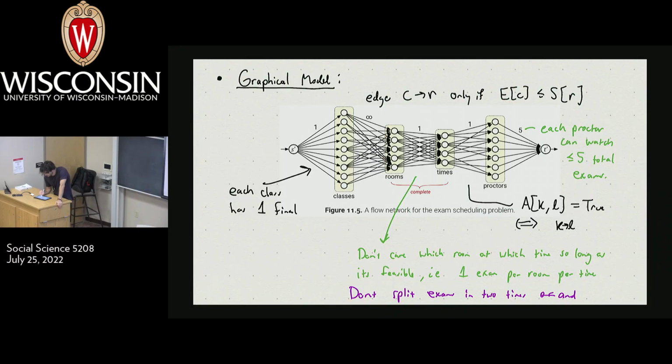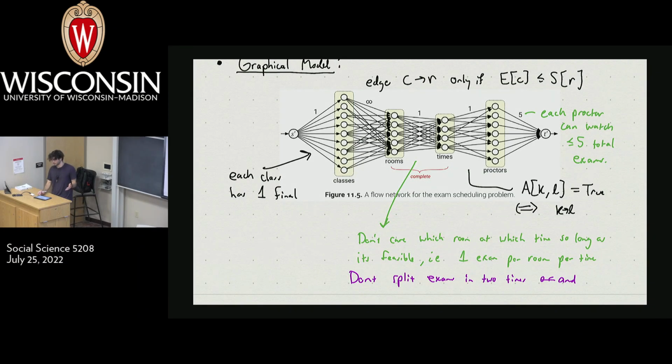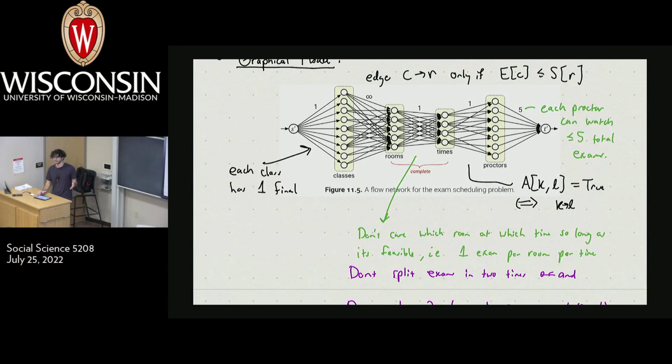Then, for each room, we need to pick a time, exactly one time for that particular class to have the exam. We don't want more than one exam to be at the same room at the same time. Then this one here represents a proctor can reasonably proctor that exam at that time. And then the last one says this is the total amount of times a proctor can be used. So overall, this will tell us whether we can do the assignments or do the scheduling or not.